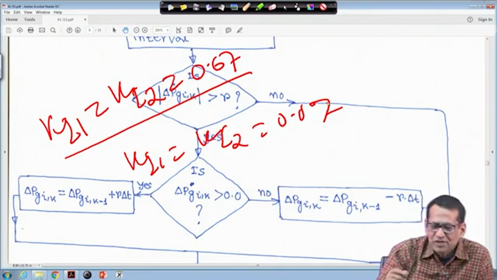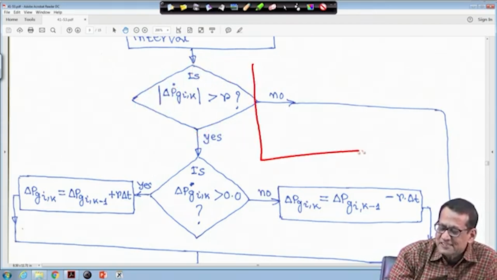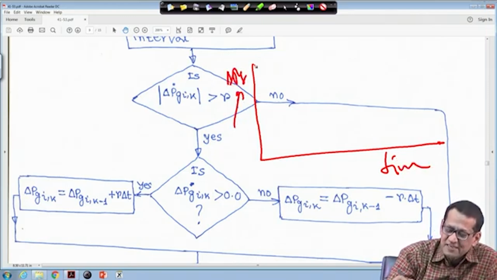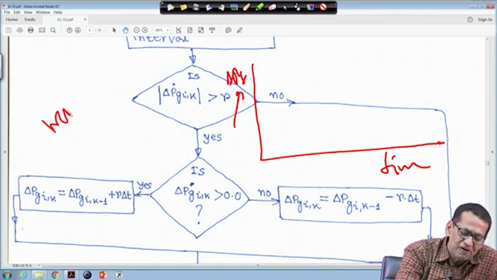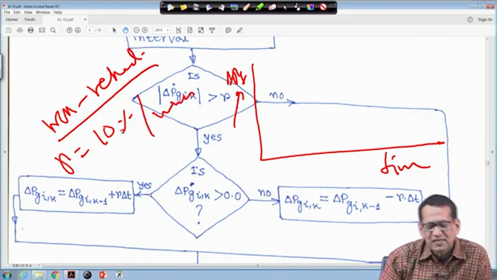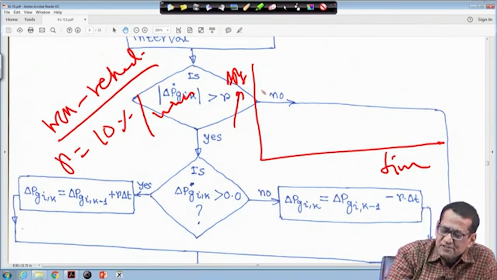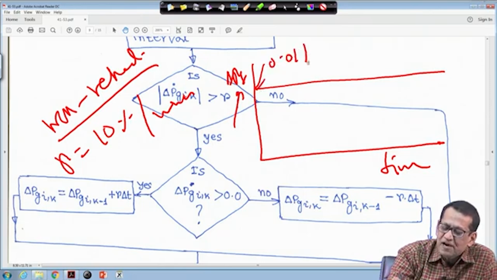Suppose you have a 1% step load disturbance and you are plotting generation, say this is my time and this side is delta Pg. For non-reheat type, say the generation rate constant R is equal to 10% per minute, that is 0.1 per unit megawatt per minute. Suppose your disturbance is this line, say 0.01 per unit megawatt.